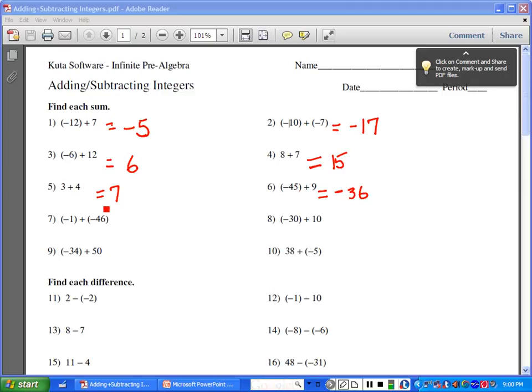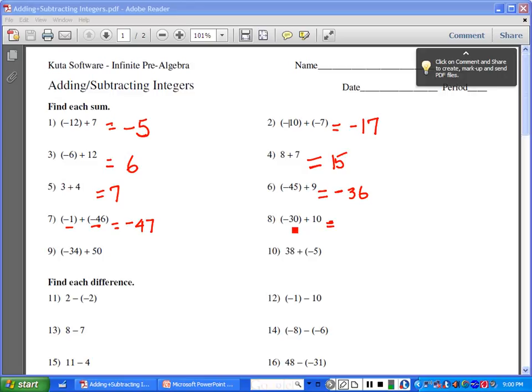Let's look at number 7. Same signs, sum. Therefore, your answer is going to be negative 47. Number 8. Different signs, do the difference. We're going to subtract, so we're going to get 20, but guess what?